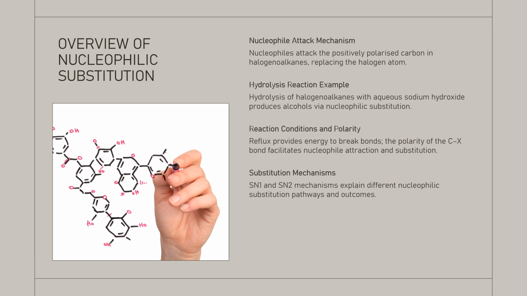In these reactions, a nucleophile, such as the hydroxide ion, attacks the positively polarized carbon atom bonded to the halogen, resulting in the replacement of the halogen by the nucleophile. A common example is the hydrolysis of halogenoalkanes using aqueous sodium hydroxide to form alcohols. The general equation is RX + OH⁻ → ROH + X⁻. These reactions are typically carried out under reflux to ensure sufficient energy for bond breaking.